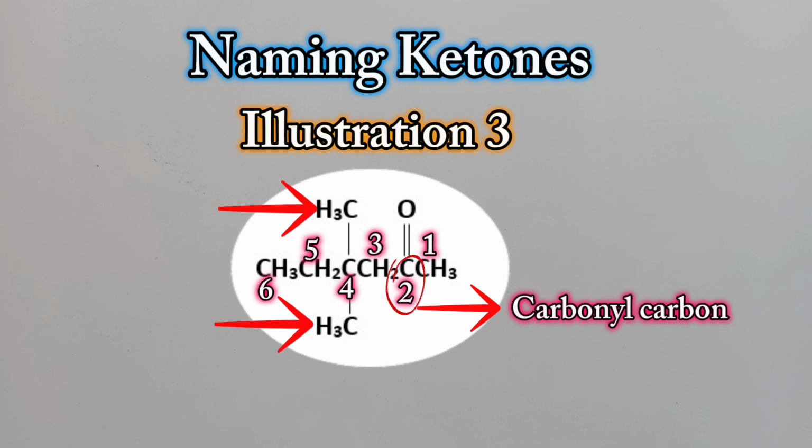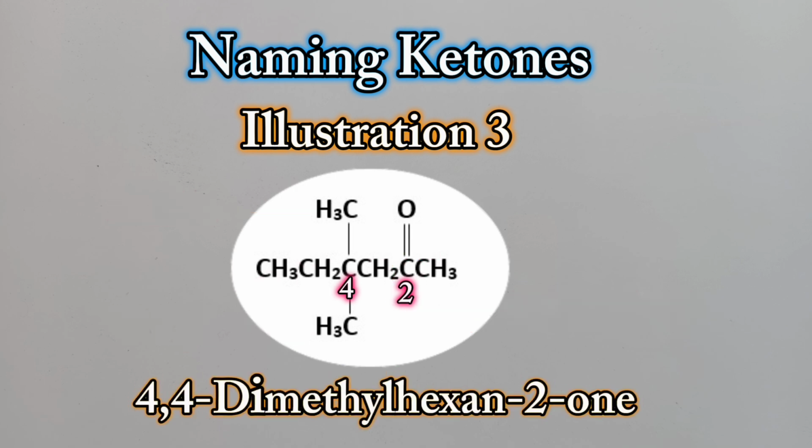On position 4 of the carbon chain, we have 2 alkyl substituents, and both of them are methyl groups. We can therefore write down the name of the displayed compound as 4,4-dimethylhexan-2-one, that is simply pronounced as 4,4-dimethylhexan-2-on.